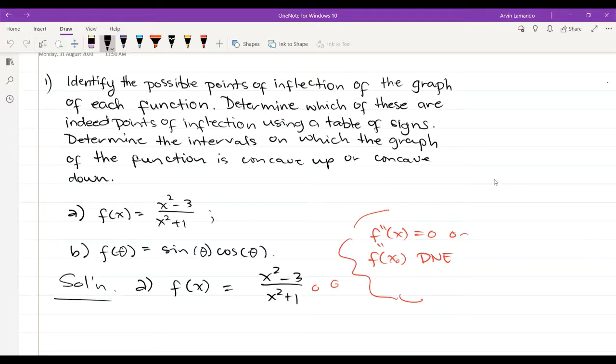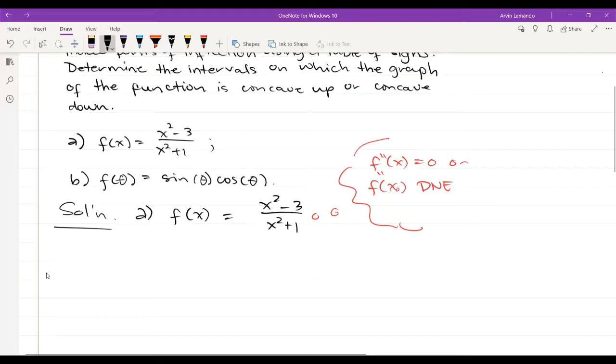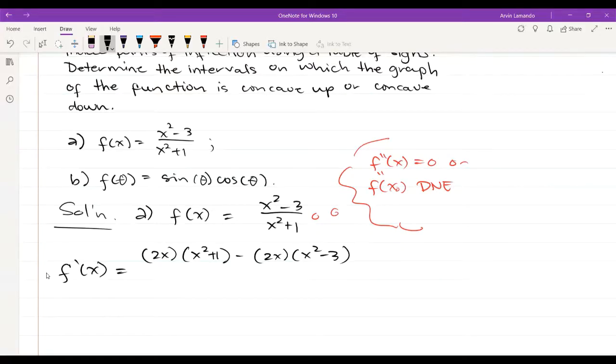So the first derivative of f is given by, by quotient rule, f prime of x is equal to 2x times x squared plus 1 minus 2x times x squared minus 3, all over the square of the denominator.